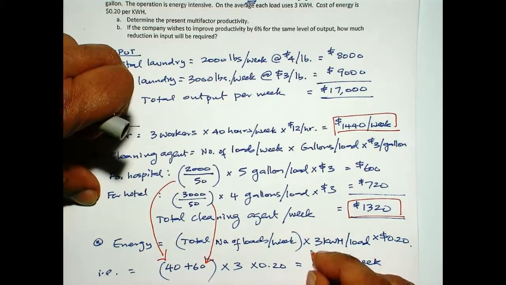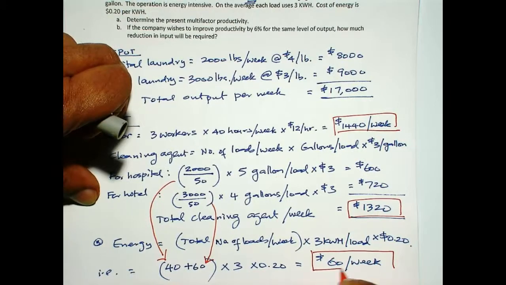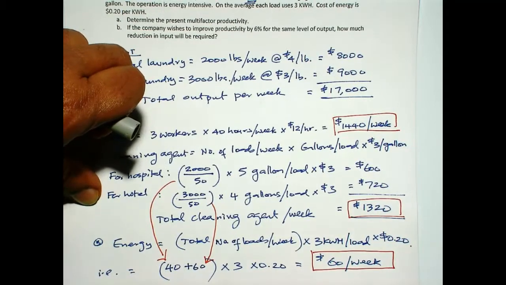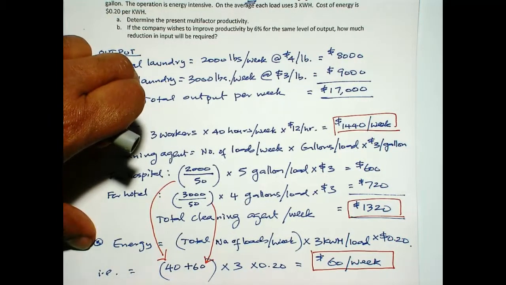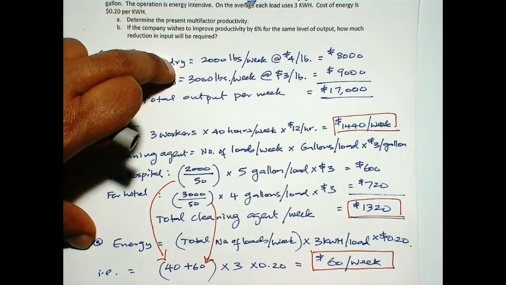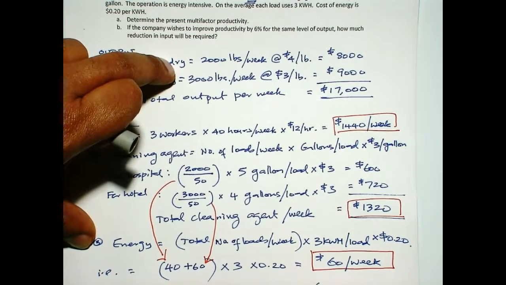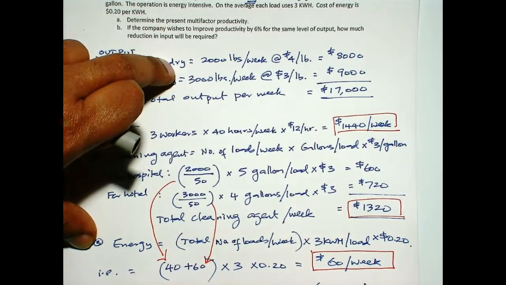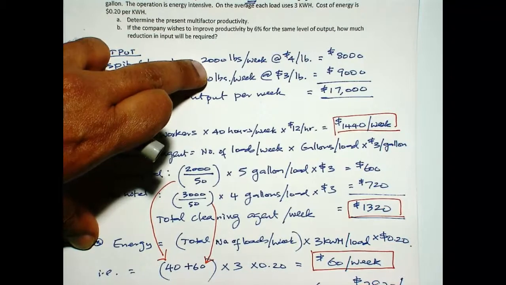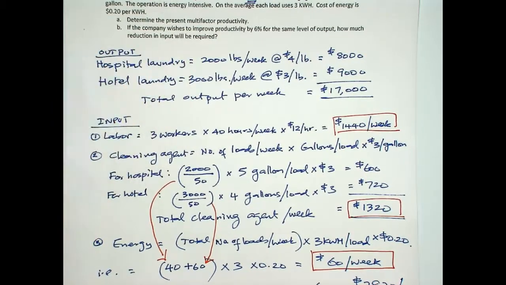So total input then is 1,440 plus 1,320 plus 60. So that is $2,820 per week. Now with this we can compute the multi-factor productivity.